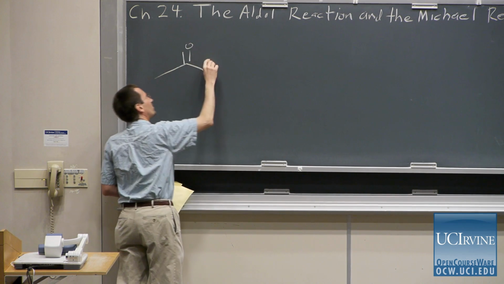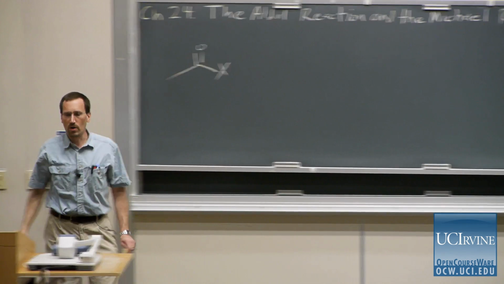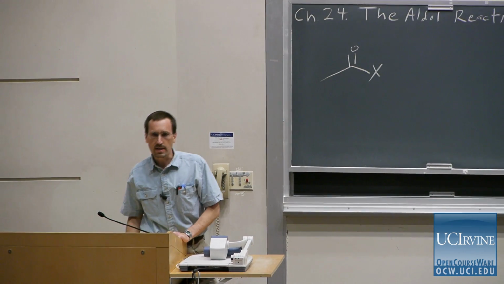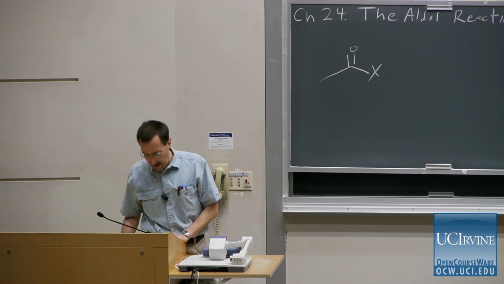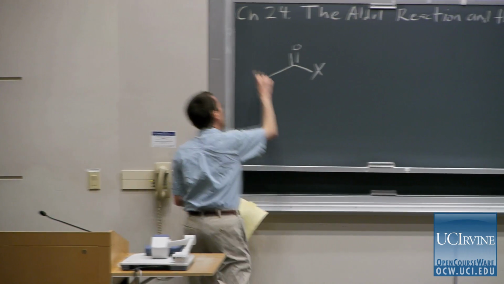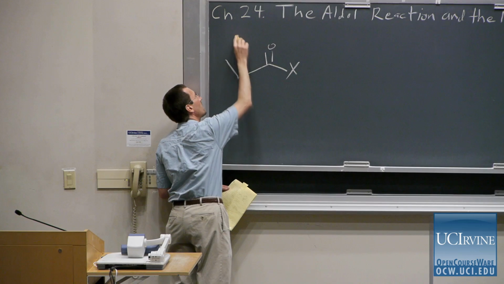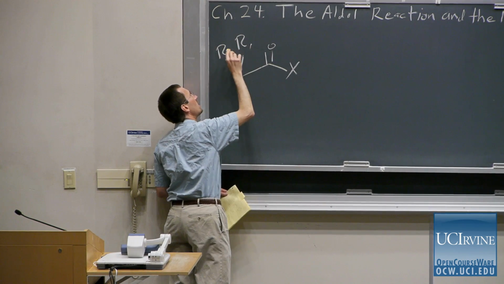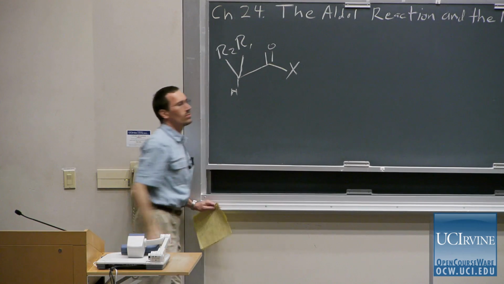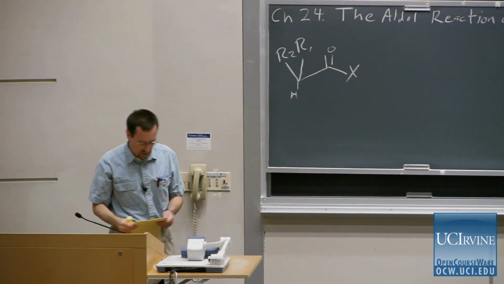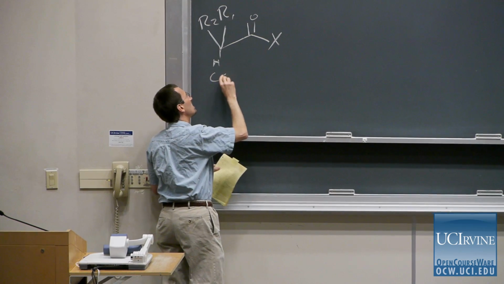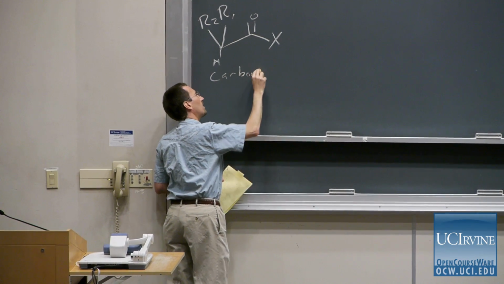All right. So in the Aldol reaction, in general, what happens is an enolate reacts with another carbonyl compound. So you have a carbonyl compound, and I'm going to write this very, very generically. A carbonyl compound with an alpha hydrogen, and honestly, we're talking about just about any of them.